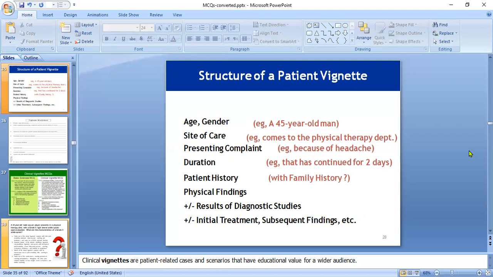So initially, start with the demographic information, who the patient is. The name and address are not required, but specifically the age and gender. After that, the condition or the complaint, and then the subjective and objective examination.